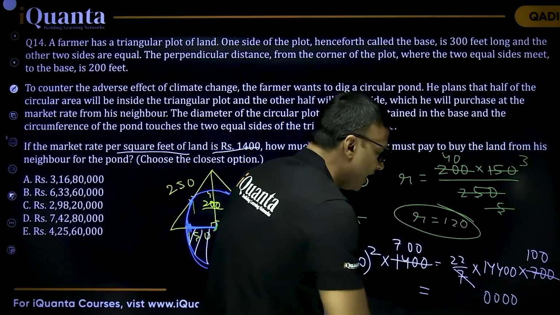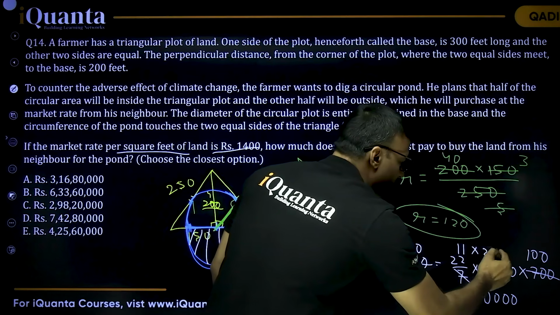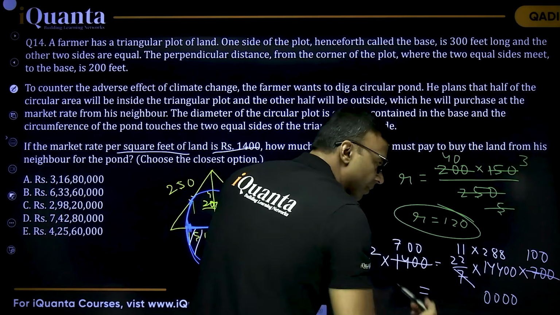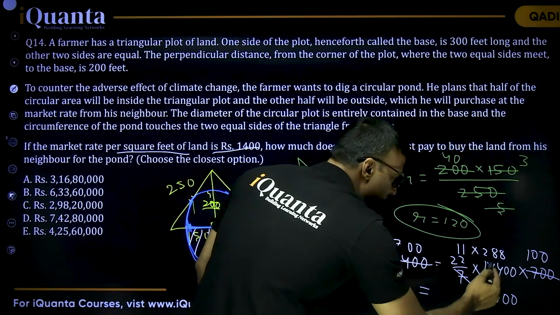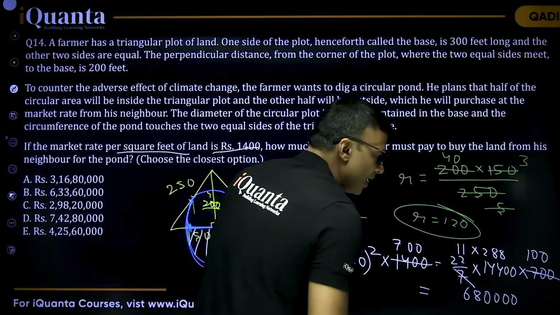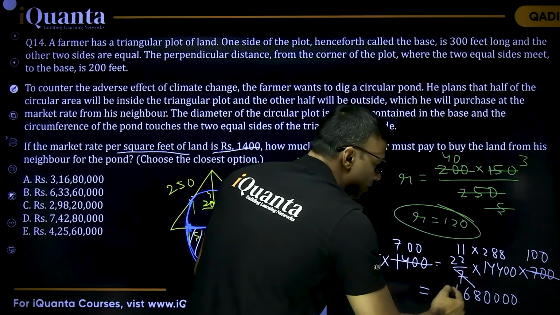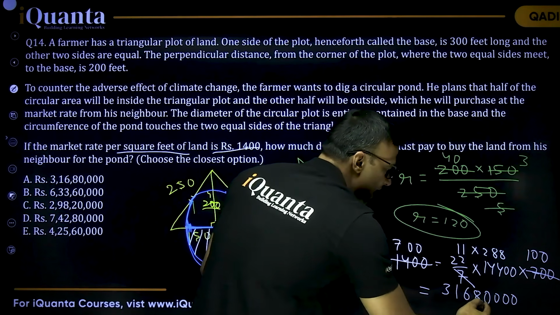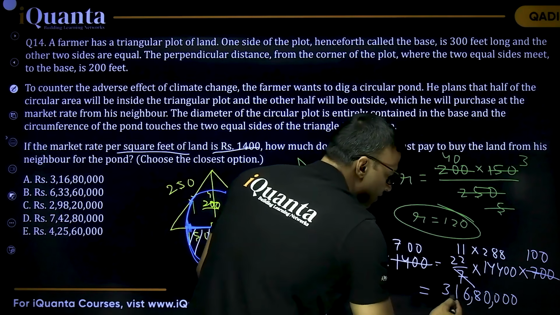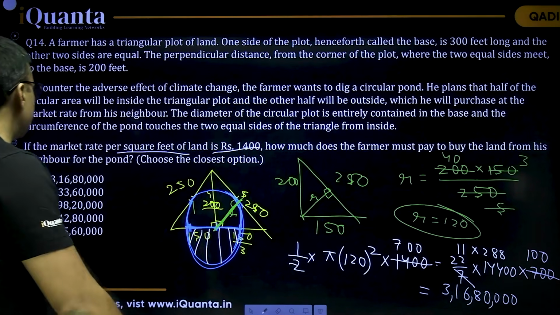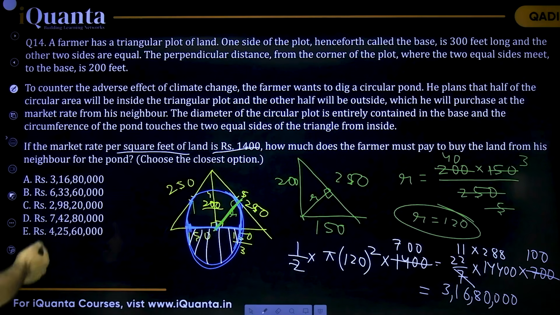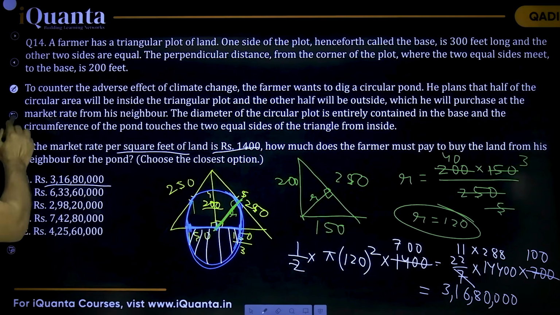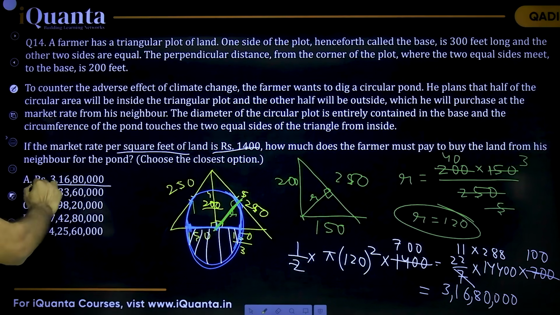So we have 11 into 288. Multiply carefully. 11 multiplication is always easier. 8, 8 and 8, 16, 6. 1 carry, 8 into 10 and 1, 11, 2 and 1, 3. So 3, 1, 6, 8, 0, 0, 0, 0. So 3,16,80,000. Oh, there is only one such option. So option A is the correct answer.